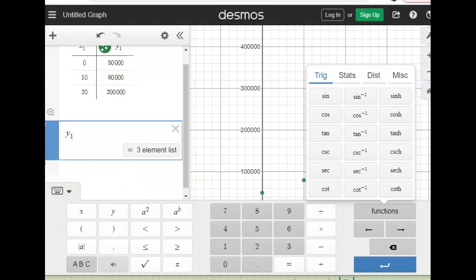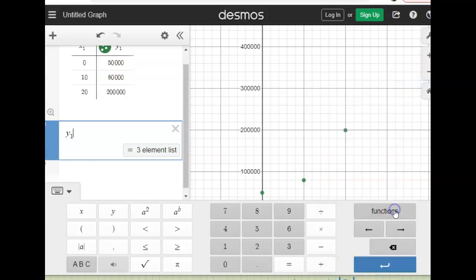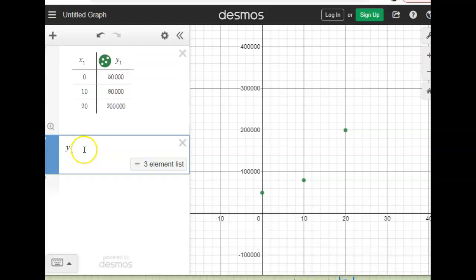I think what I do is just use the shift key and then the underscore, which is next to the 0 on your keyboard. So you do y sub 1 and then the squiggle.